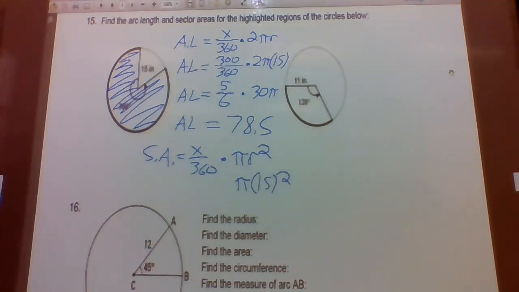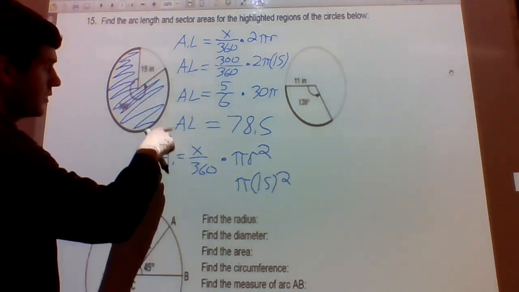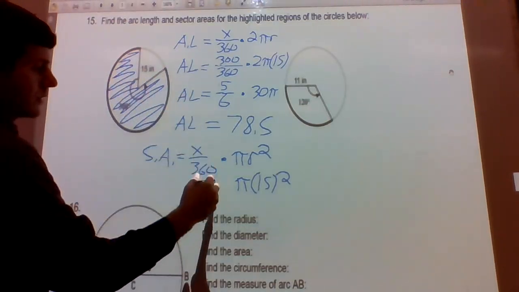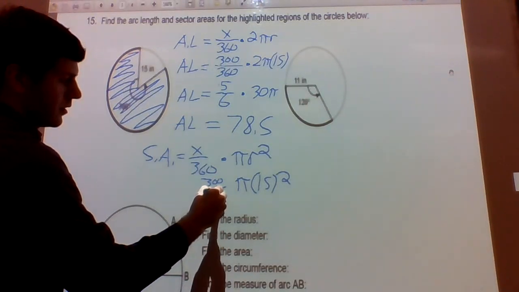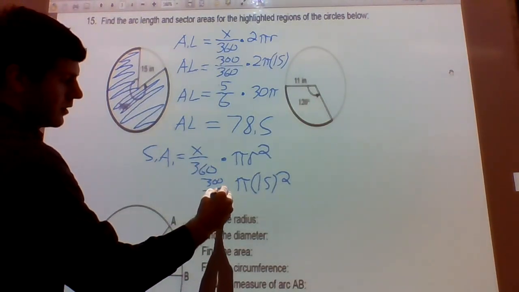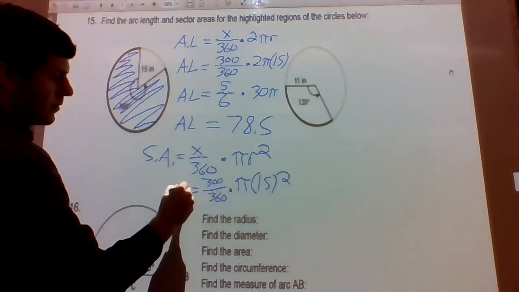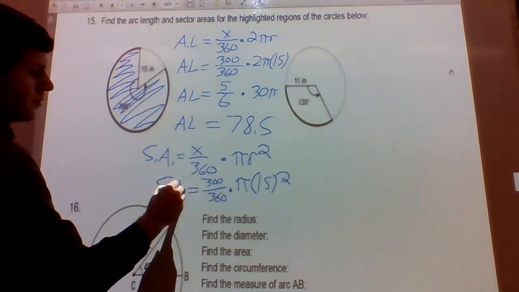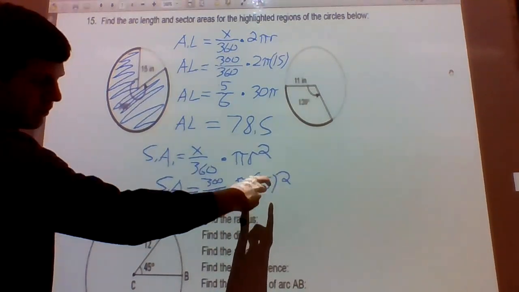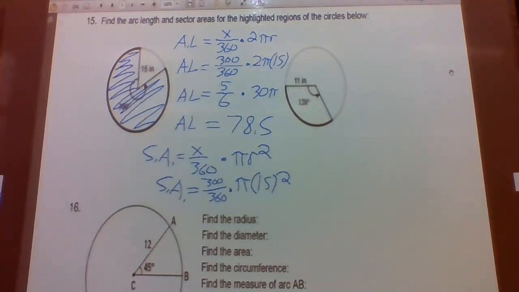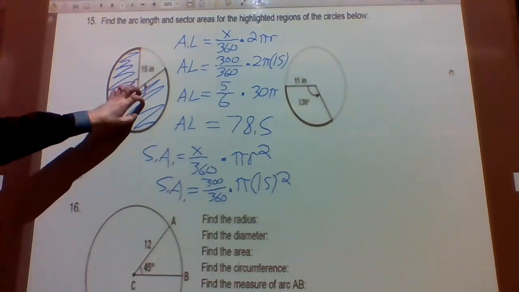The fraction of the circle we're looking at is 300 over 360, which is 5/6, times the area of the whole thing. That's going to be the area of the part.